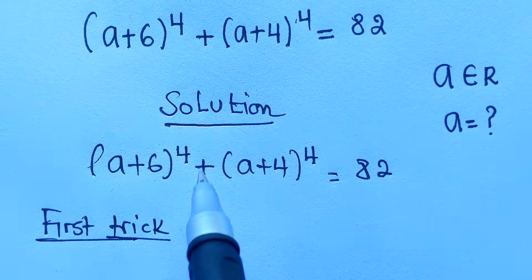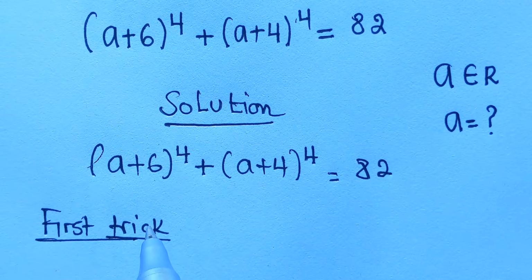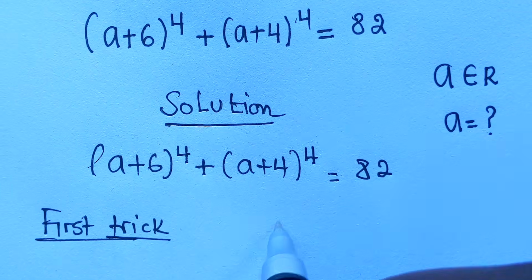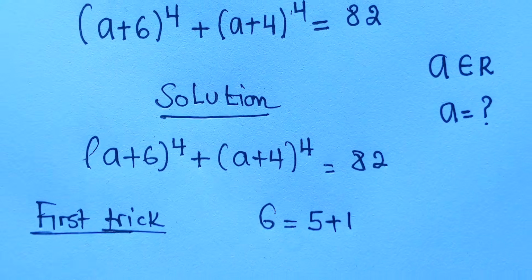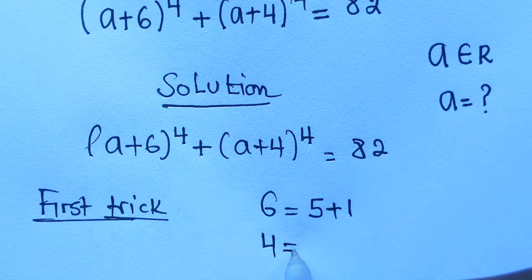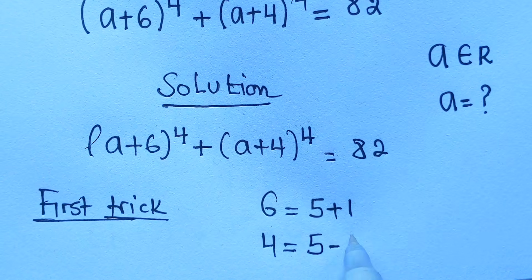The first trick here is we have to find the interrelationship between the two terms. We have 6, which is equal to 5 plus 1, and 4, which equals 5 minus 1.